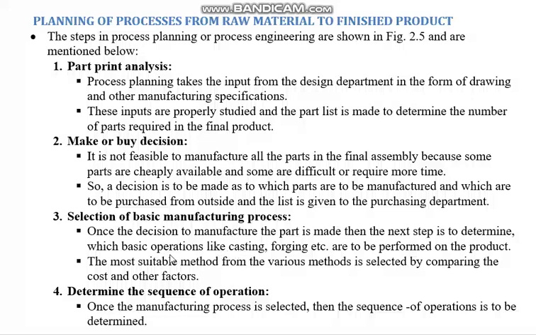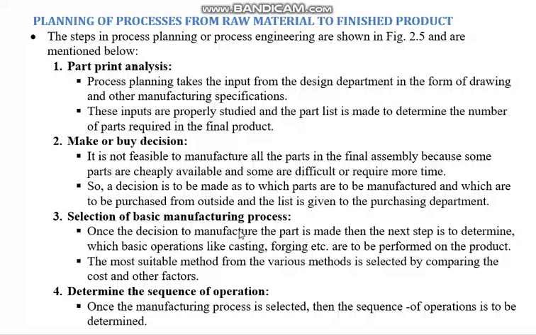Now what are the basic manufacturing processes? Is it casting that we are doing, or forging, or something else like extrusion, or are you going to fabricate it? You have to decide what basic manufacturing process is involved.